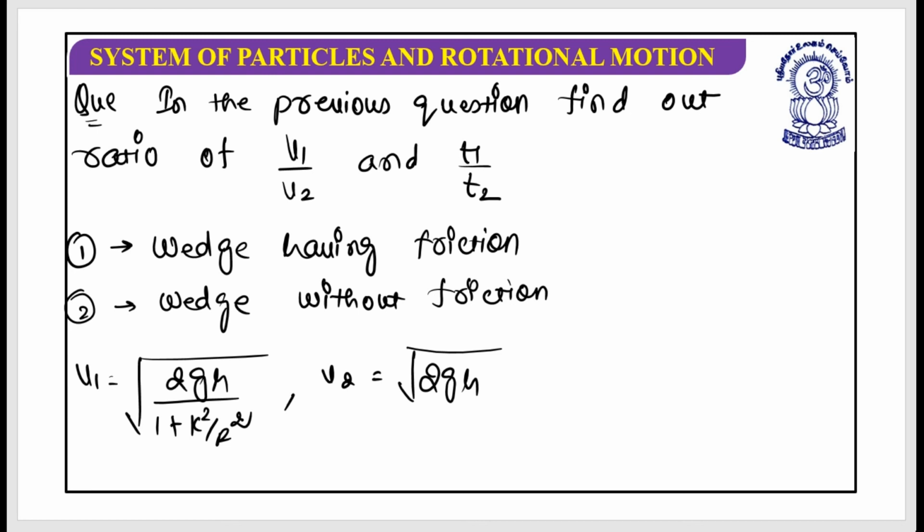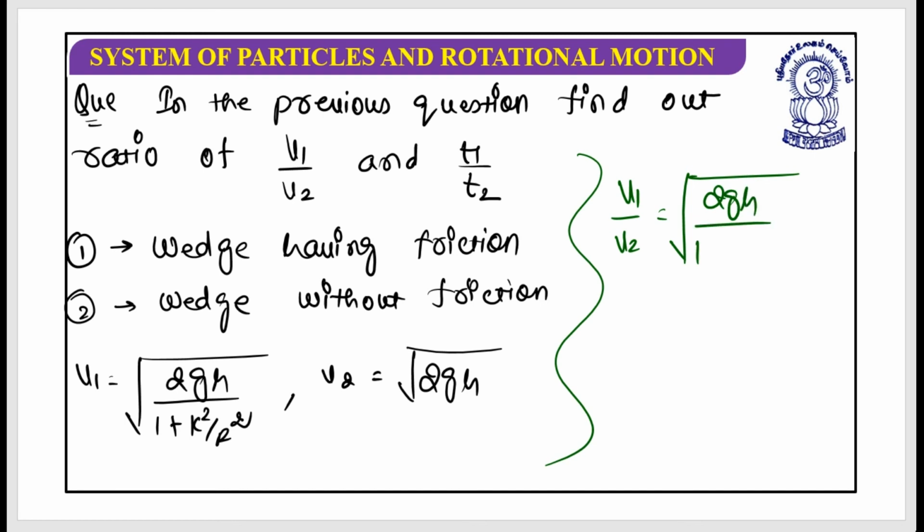If I take a ratio of these two, v1 is to v2 equals root of 2gh upon 1 plus k square by r square multiplied by 1 by root of 2gh. It is something like this.